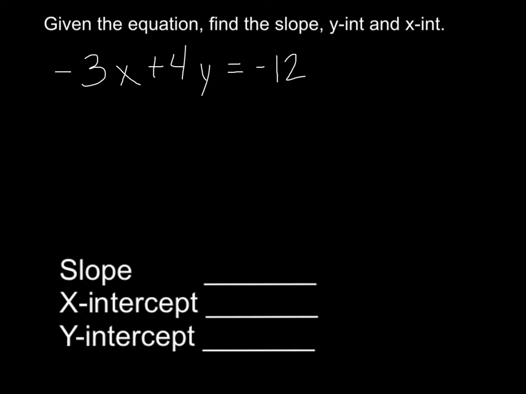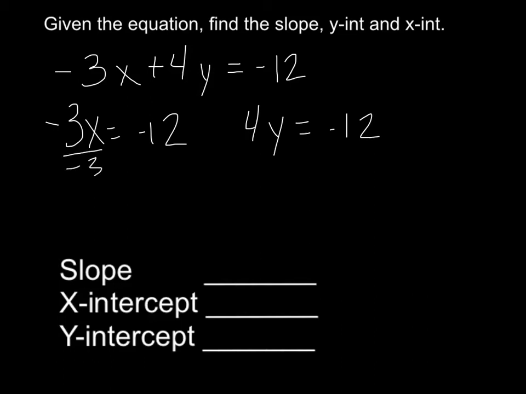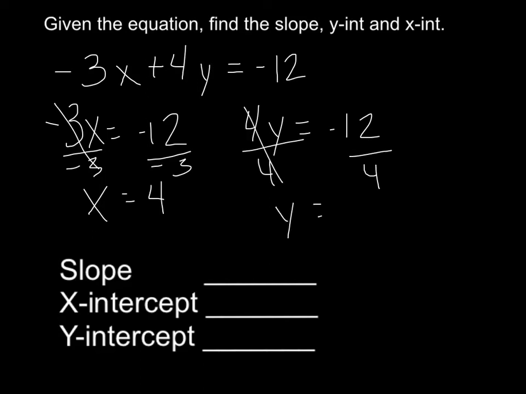Given the equation, find the slope, the x-intercept, and the y-intercept. So we set negative 3x equal to negative 12, and we set 4y equal to negative 12. Divide by negative 3, and you get x equals positive 4. Divide by 4, get y equals a negative 3. So your y-intercept is negative 3, your x-intercept is 4.